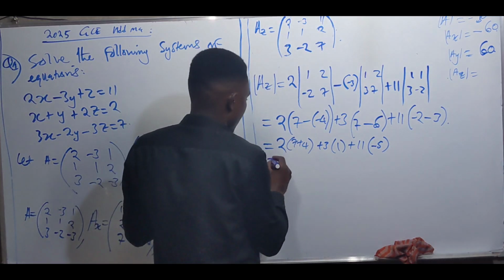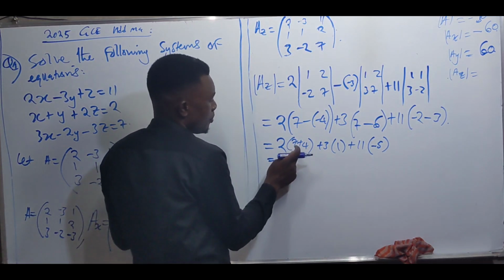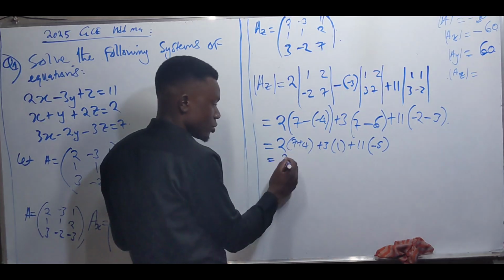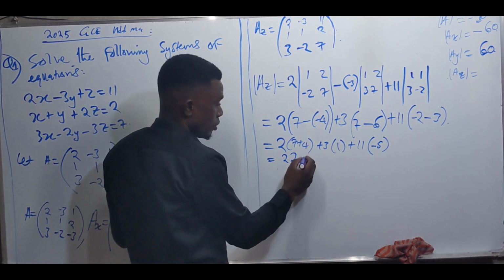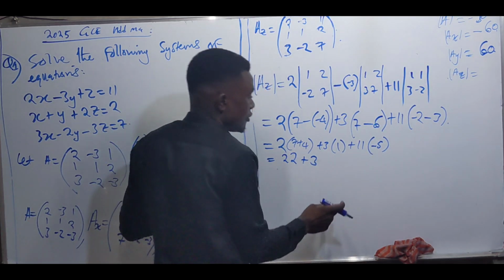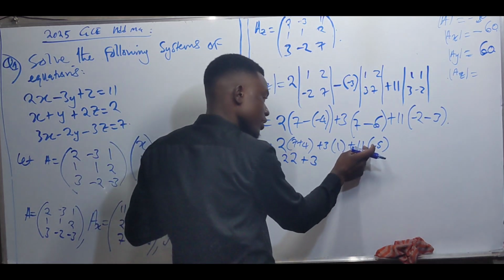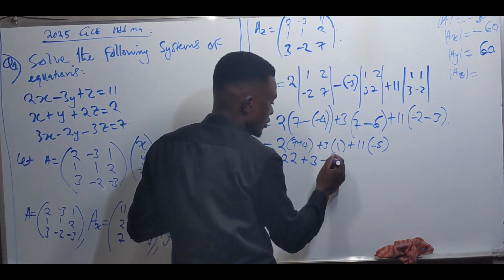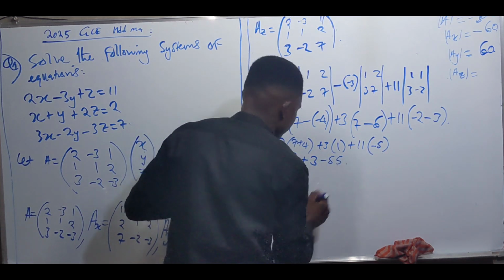This is 7 plus 4, that is 11. Multiplied by 2, that is 22, plus 3 multiplied by 1, that is 3. Then I have this is 11, okay? Minus 5, we are multiplying here, negative 55, like that.